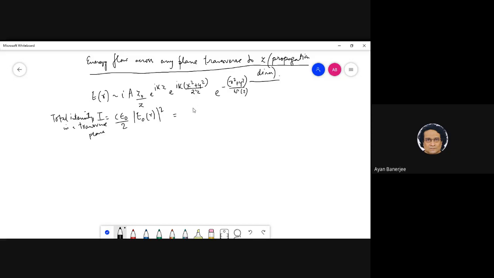So what you will have is a square. If I just write this in this way, it's A naught square. This is the actual equation, right?